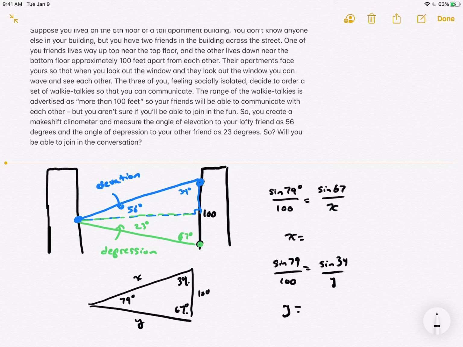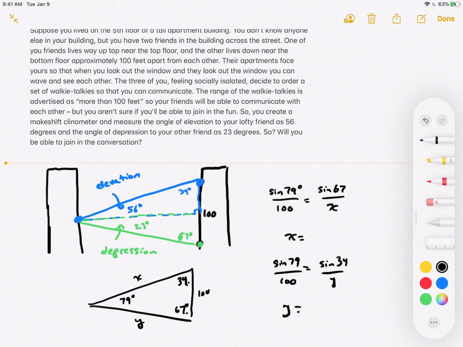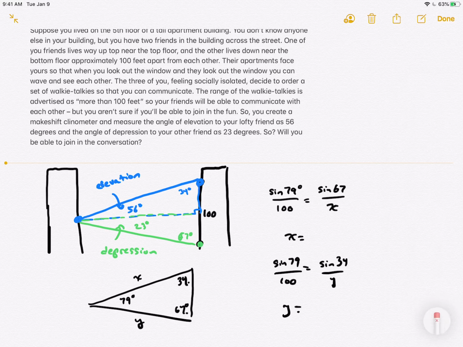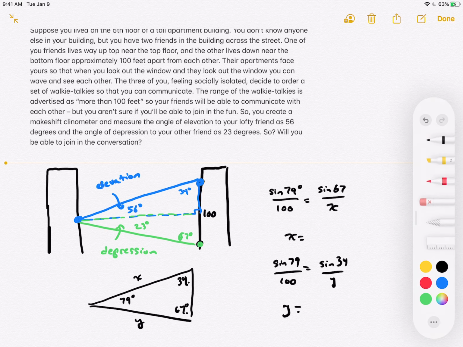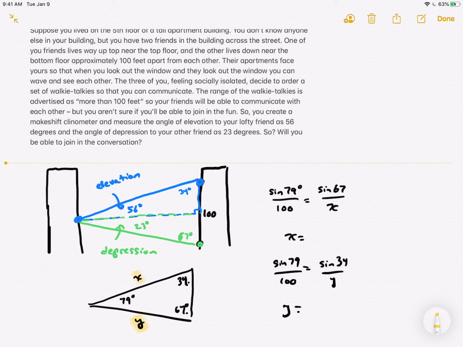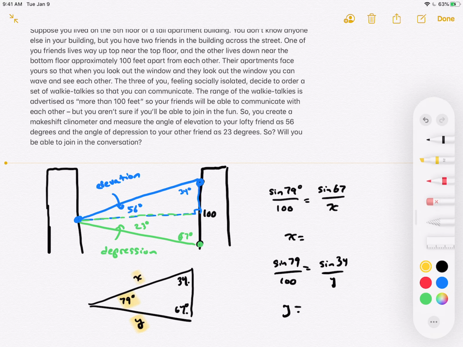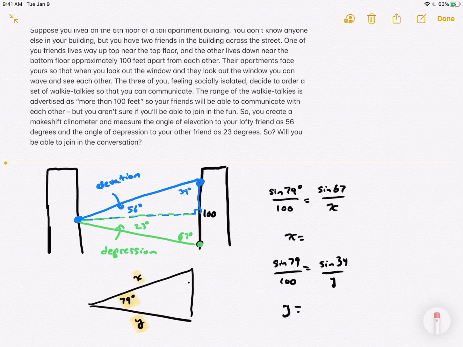Suppose for a second that your two friends actually weren't quite sure that they were 100 feet apart. That you did actually know the measurement of x here, and you knew the measurement of y, but we didn't have any other information other than x, y, and 79 degrees. So all this information on your friend's side of the world was all missing.